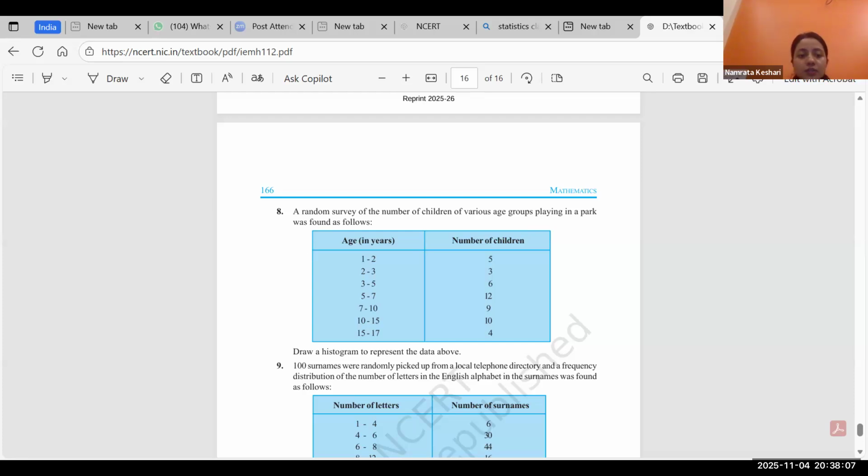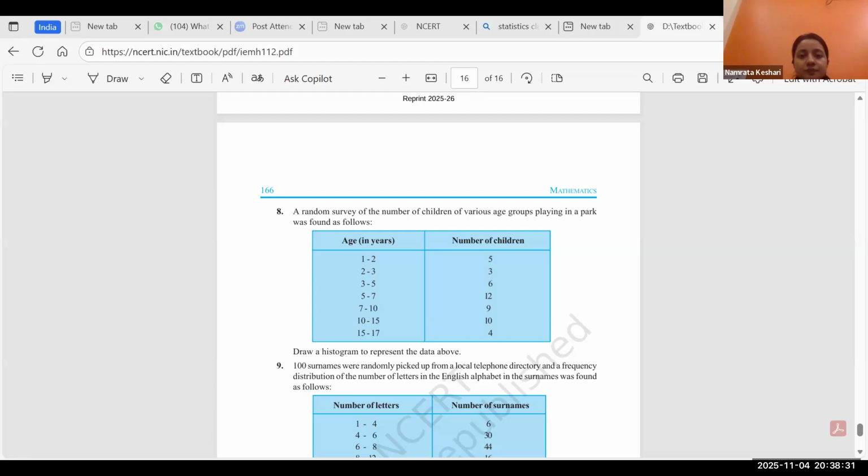Just a moment, I'm taking it on another screen. Meanwhile, please read the data, what the question says, what data is given regarding what. Check it carefully. The size of the class, is it the same? Are all the class sizes the same or not?